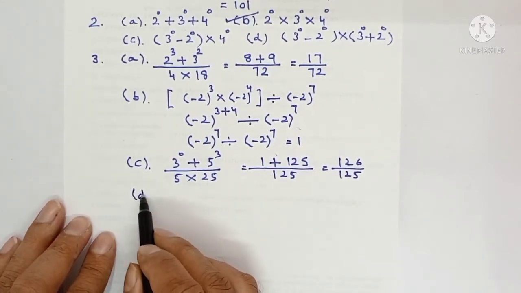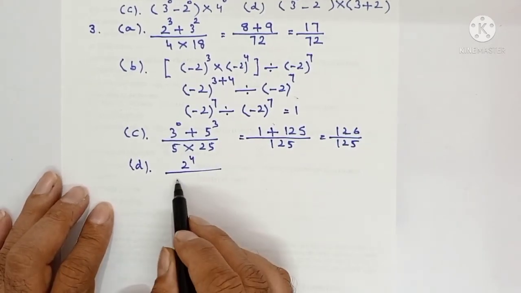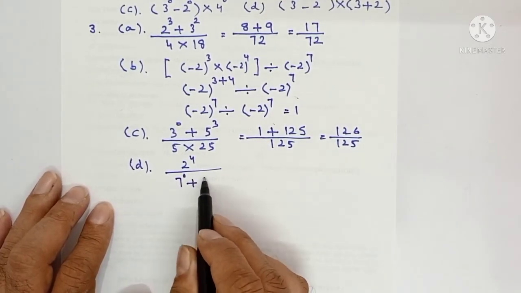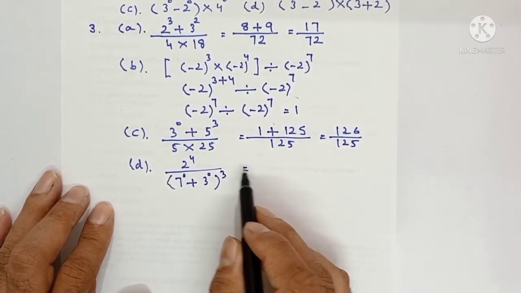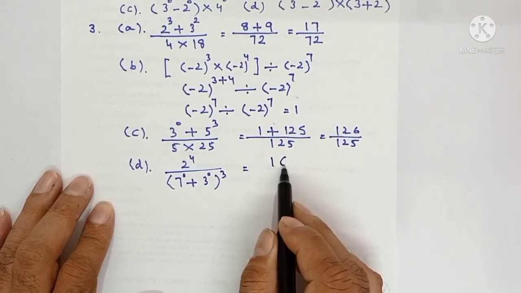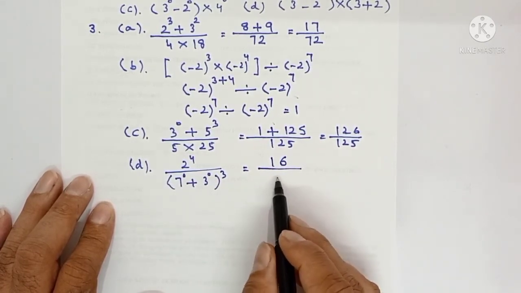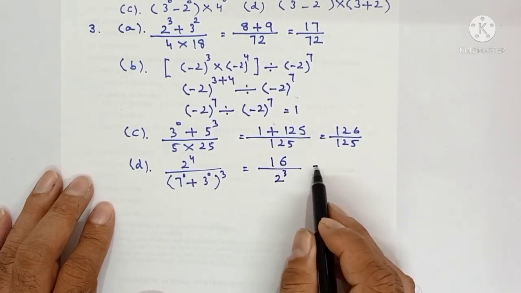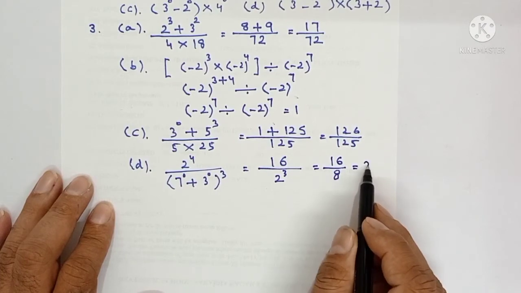And D option, 2^4 upon (7^0 plus 3^0) whole power 3. 2^4 is 16 upon (7^0 is 1, plus 1), that is 2^3. It is 16 upon 8 and it is 2.